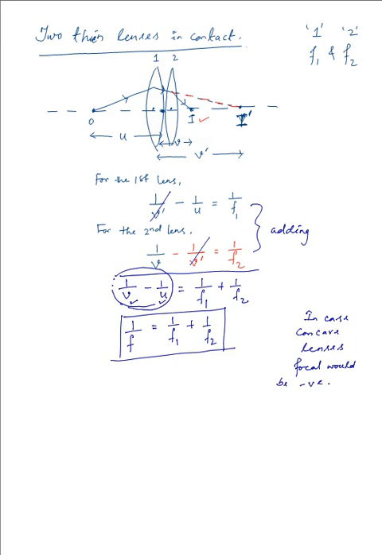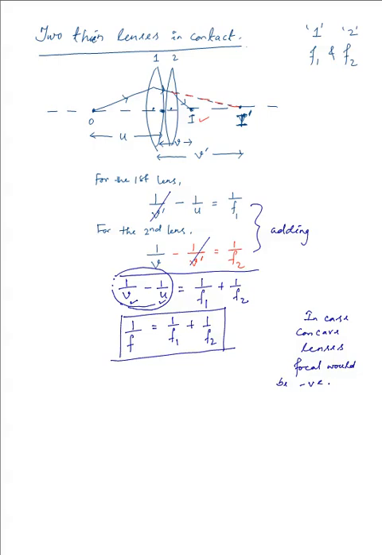That is, to the right hand side of the optical center we have the positive direction, while on the left hand side we have the negative direction. And because concave lenses have their focus or foci mostly on the left hand side, they are virtual foci, so that is why we will be considering the focal lengths to be negative in case of the concave lenses used.